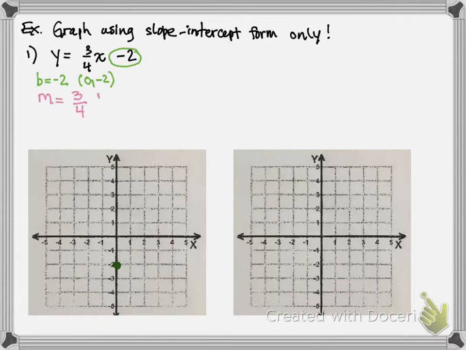So what this tells me is I'm going to rise up 3 from the y-intercept, and then I'm going to run right 4 from that new position. So what it looks like is 1, 2, 3, a rise of 3 up, and then a run of 1, 2, 3, 4, and then I mark my second point. So that took me to (4, 1). And so that's my rise of 3 and my run of 4. And then I go ahead and I connect them.